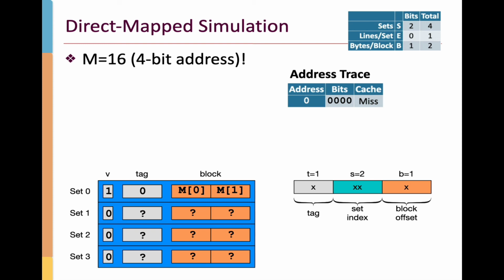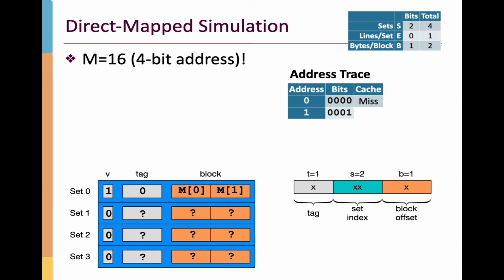Because we're using a bytes per block number of 2, we're not only going to get memory address 0, which is what we're really requesting, we're also going to get memory address 1 and store both of those in the block selected by the appropriate set. We're also going to set the tag bit to match the topmost bit in the address. So that's set to 0, and we're going to mark this entry in the cache as valid. So it's got a 1 in the V bit.